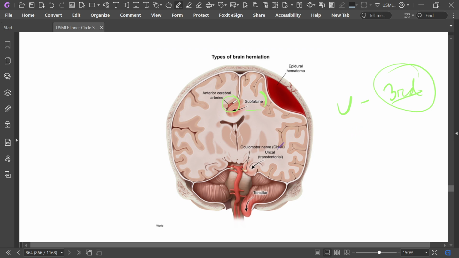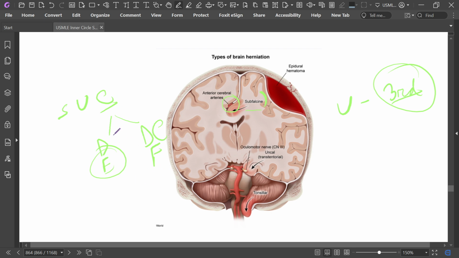So, subfalcine herniation, uncal herniation, central herniation. Central herniation can cause decerebrate and decorticate posturing. Decorticate is flexor posturing and decerebrate is extensor posturing, and it can cause compression of the brainstem and of the caudal midbrain.